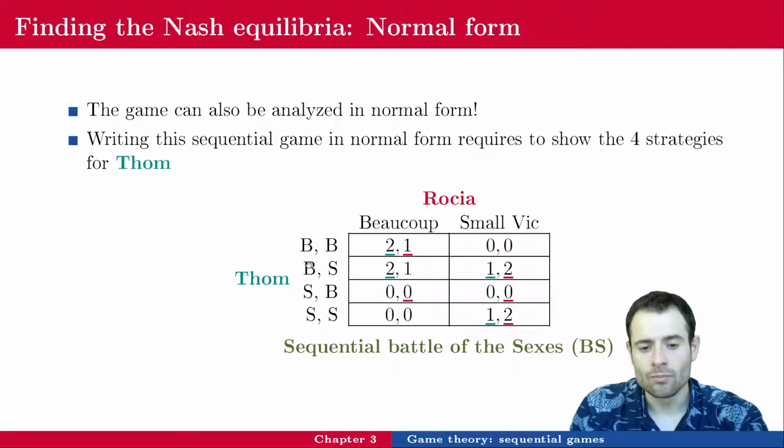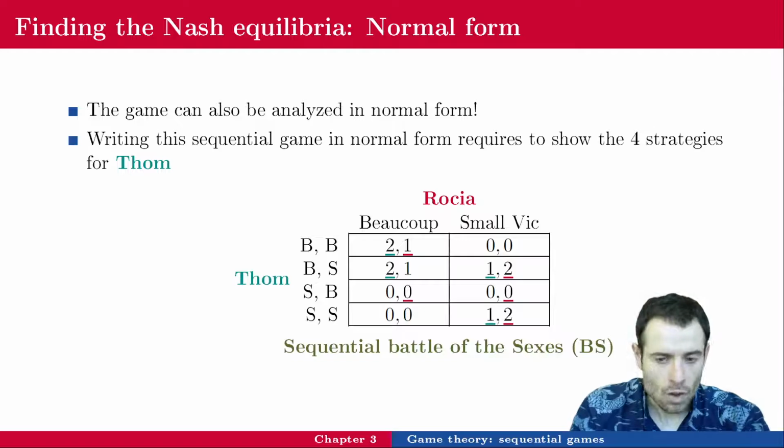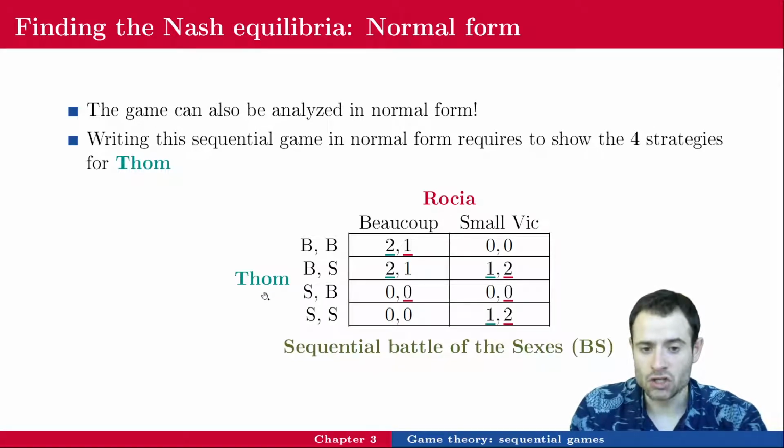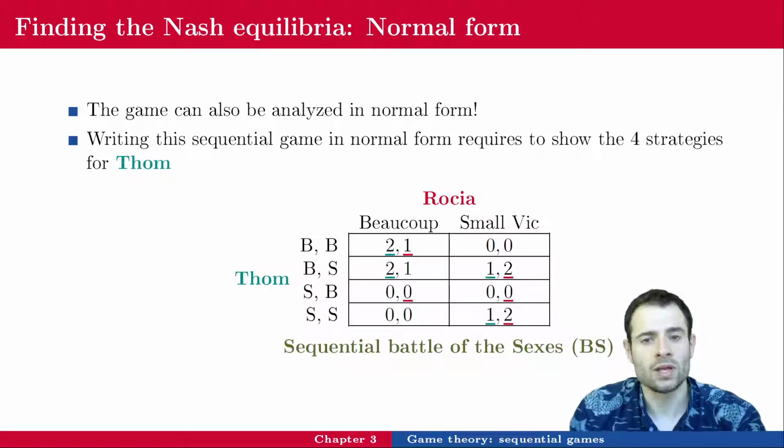If he plays BS, beaucoup if beaucoup, small victory if small victory, then Rosia can go to beaucoup and she's going to meet him and get a payoff of 1. Or she could go to small victory, she's going to meet him as well and she gets a payoff of 2. She will prefer to go to small victory in this case.